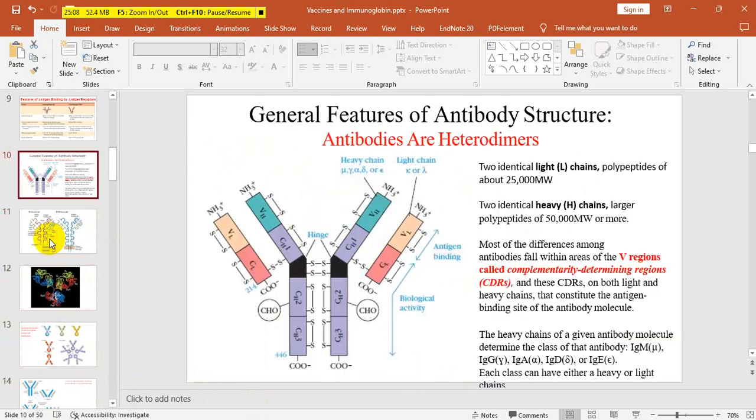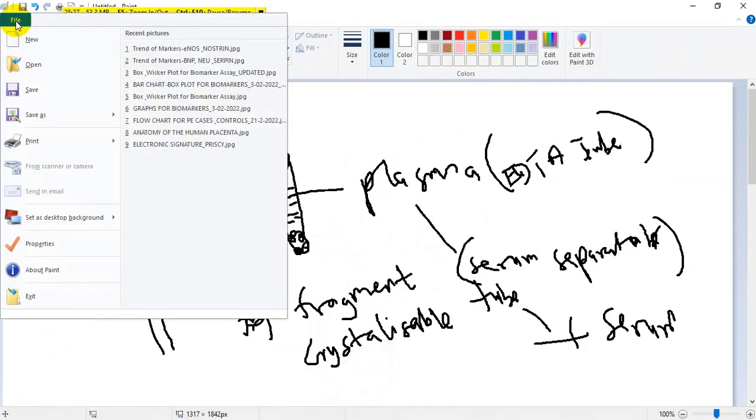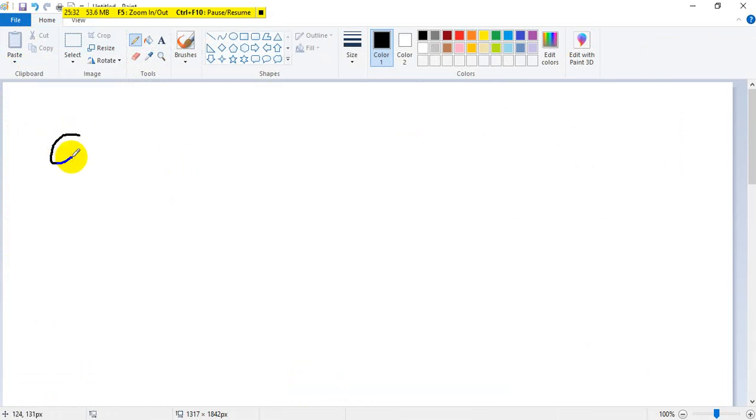The constant heavy chains are what we use to determine whether this is immunoglobulin A or B or C or whatever, the type of immunoglobulin. If you want to memorize the immunoglobulins, you use a short abbreviation, or mnemonic, called GAMED.